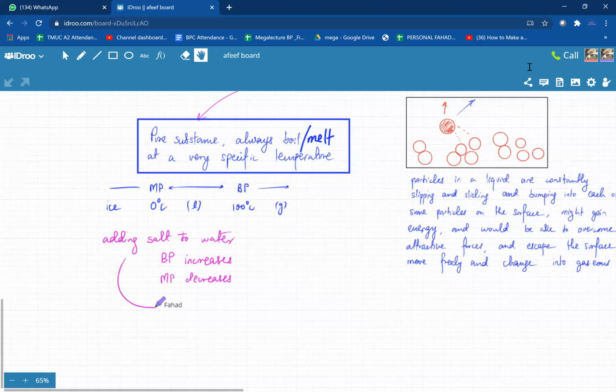This is why in much colder countries, like Canada, they have a lot of ice on the roads. So what they do is they add salt to it.